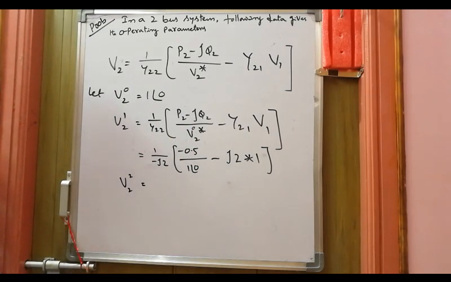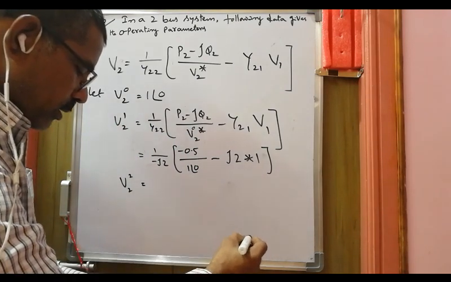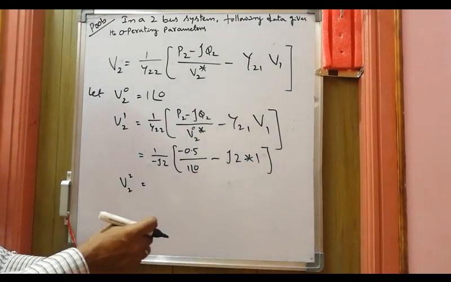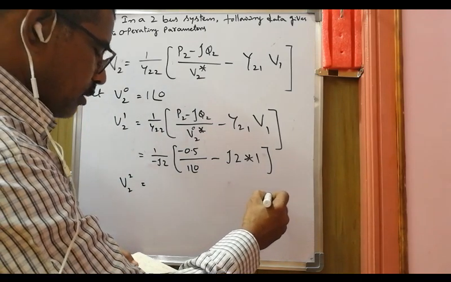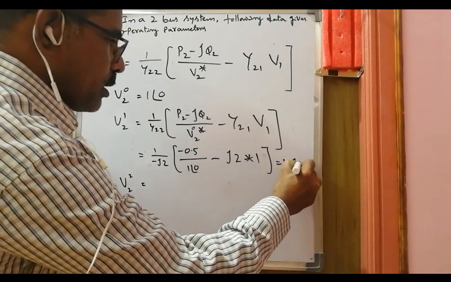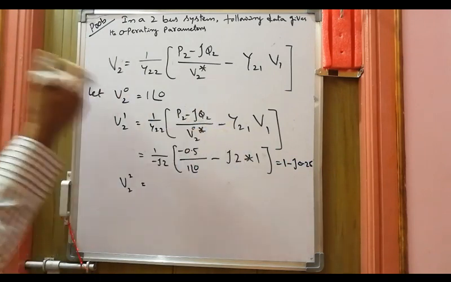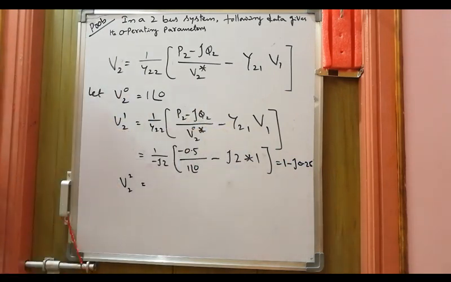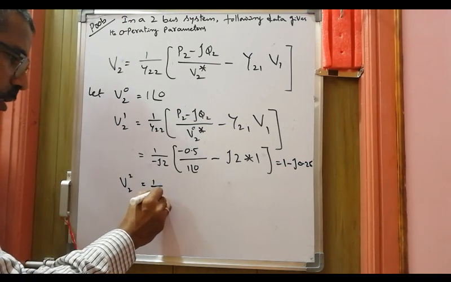V21 comes to 1 minus J0.25. If you want, you can even convert that into magnitude and angle form. V22 is 1 by minus J2, this remains same.